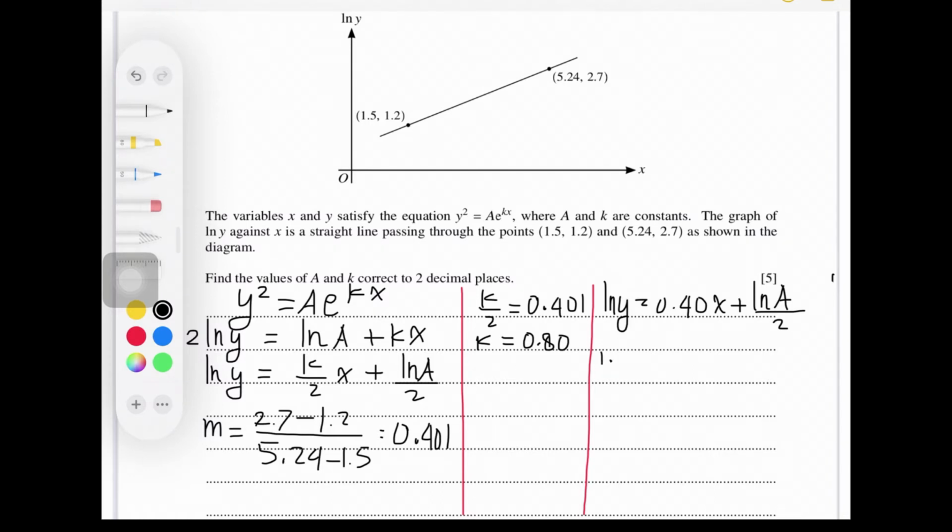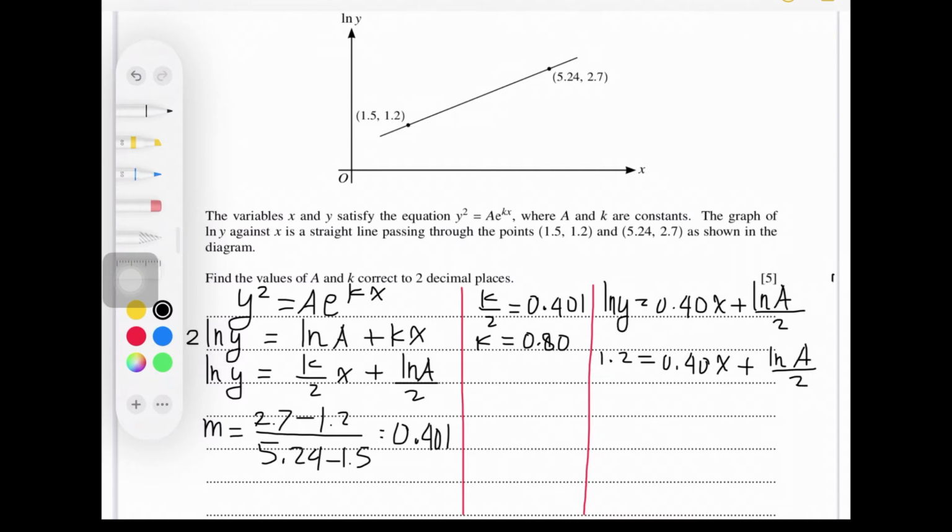The equation becomes 1.2 is equal to 0.40 x plus ln a divided by 2.